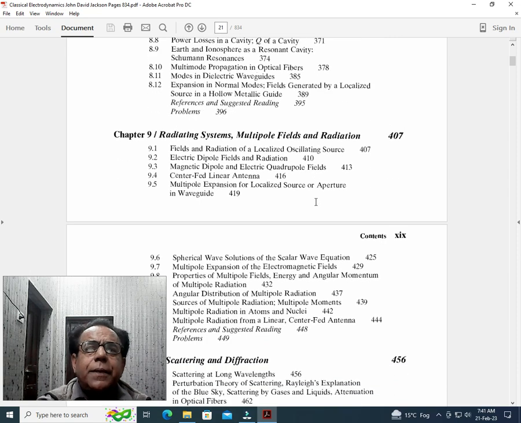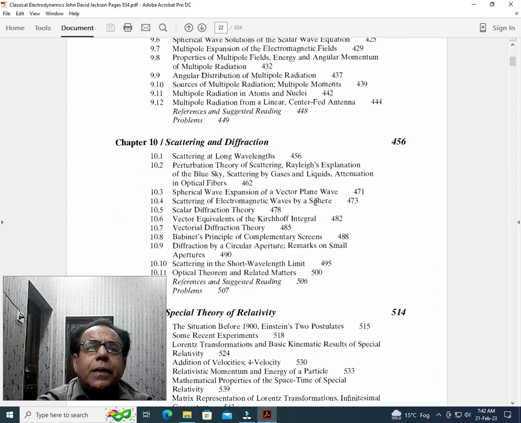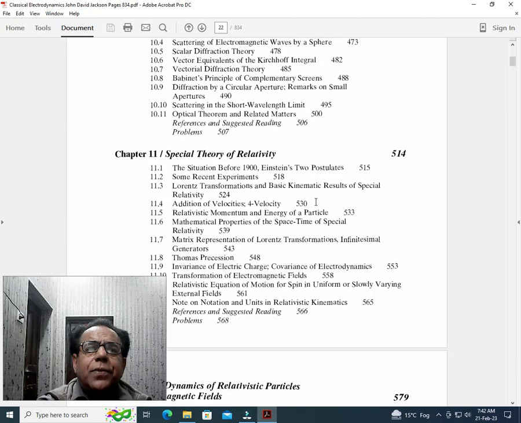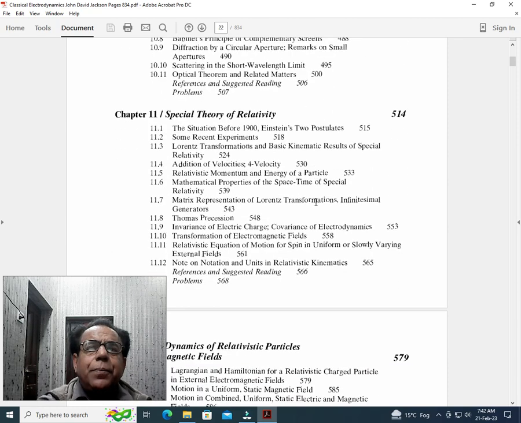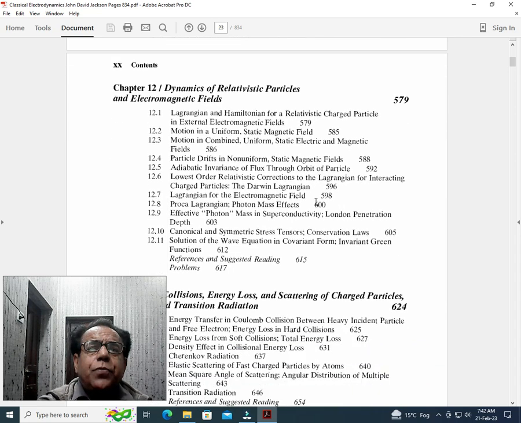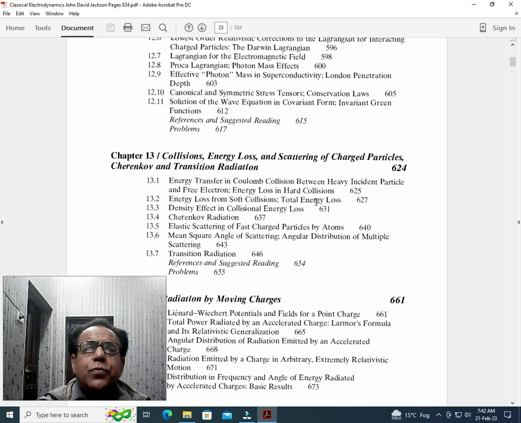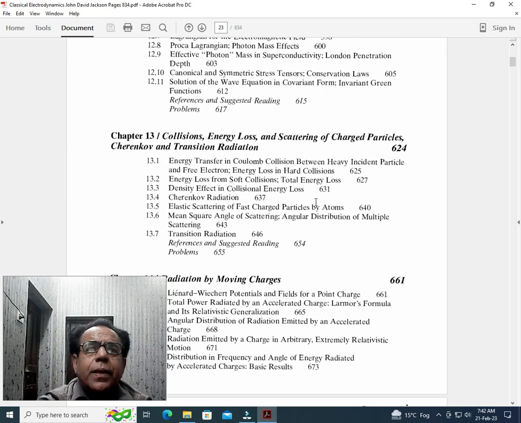Chapter number 9, Radiating Systems, Multipole Fields and Radiation. Chapter number 10, Scattering and Diffraction. Chapter number 11, Special Theory of Relativity. Chapter number 12, Dynamics of Relativistic Particles and Electromagnetic Fields. Chapter number 13, Collisions, Energy Loss and Scattering of Charged Particles.